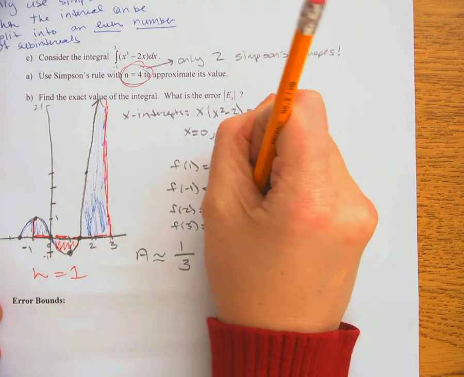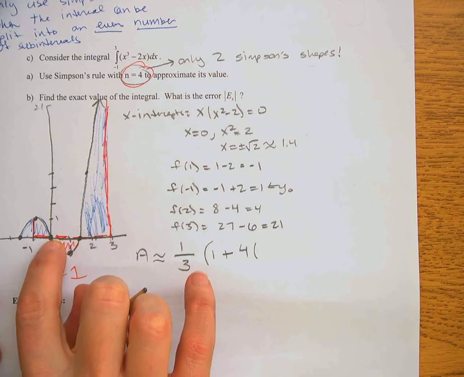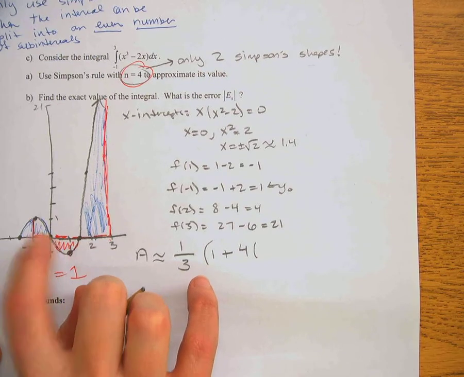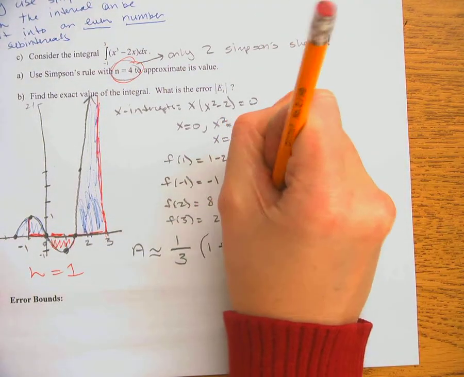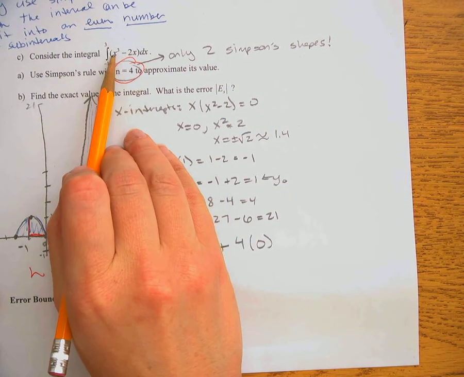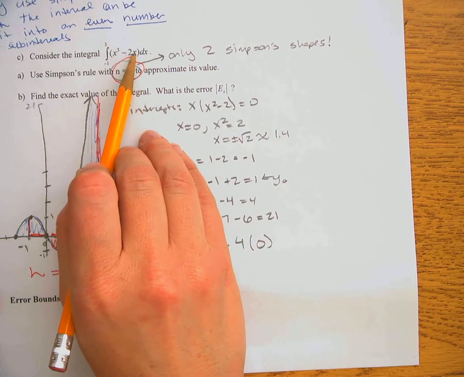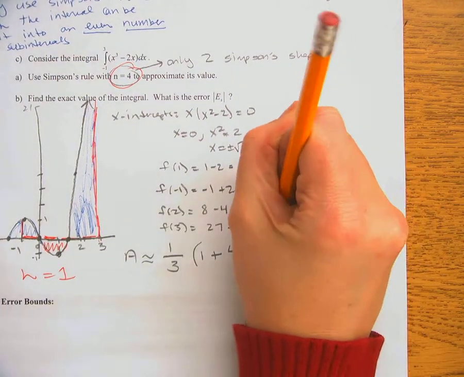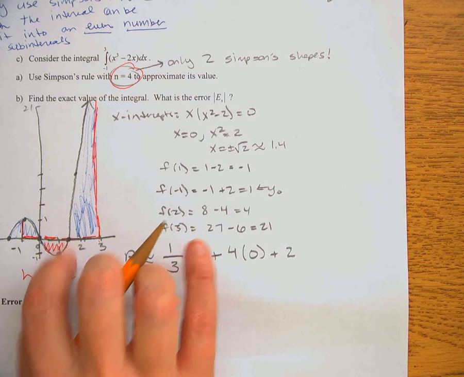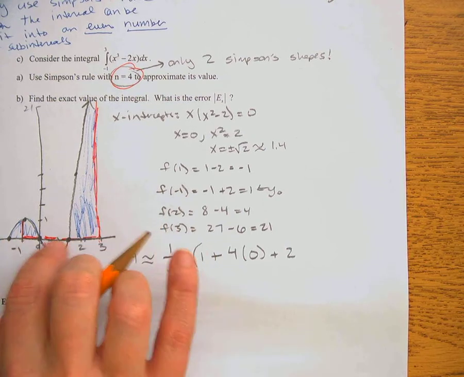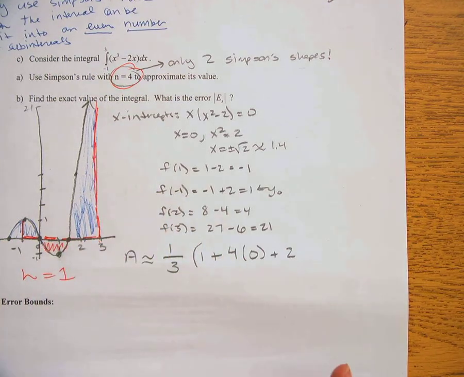And then I have to do 4 times the second one, which was 0, but that was one of our x-intercepts. So that's also where y is 0. And you can see if I plug 0 in here, I'd have 0 minus 0 is just 0. And then this value of 1 is going to get used twice, once for the first shape and once for the second shape.